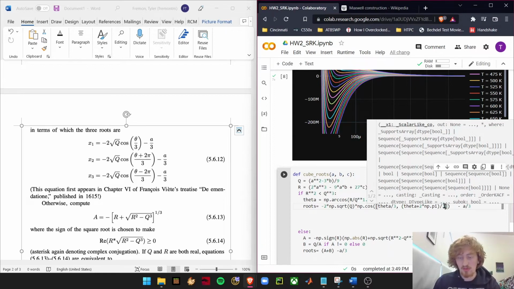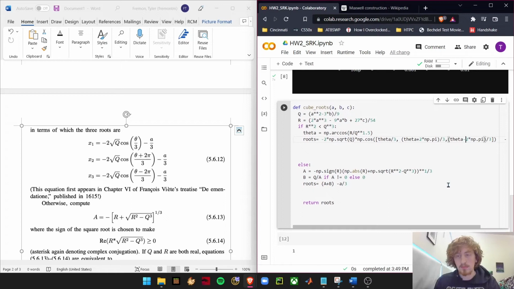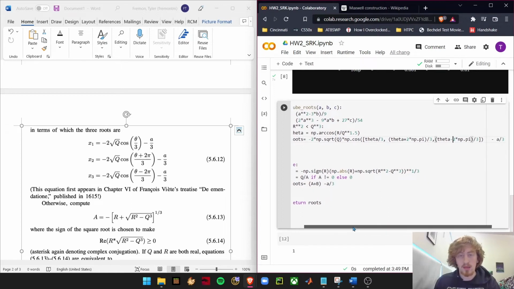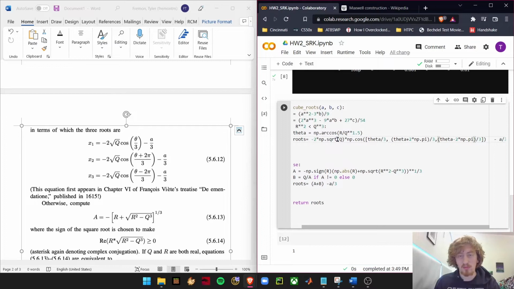And then our last term is going to be similar. It's going to be theta minus 2 times pi divided by 3. So now when we calculate our theta and all that, it will actually give us a set of 3 roots.